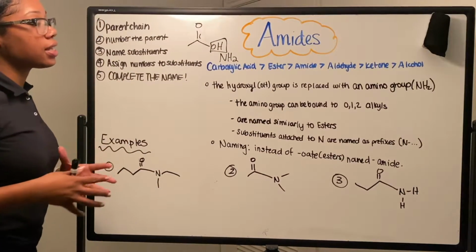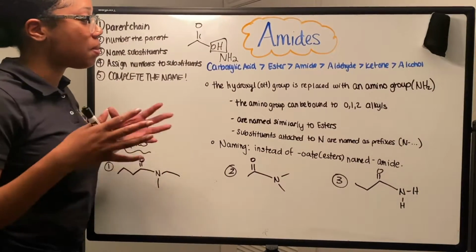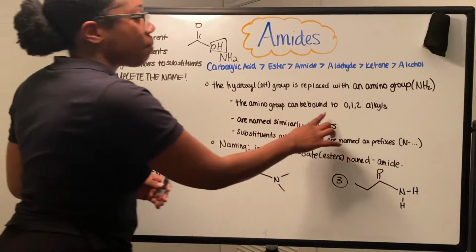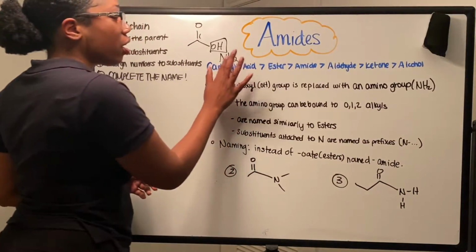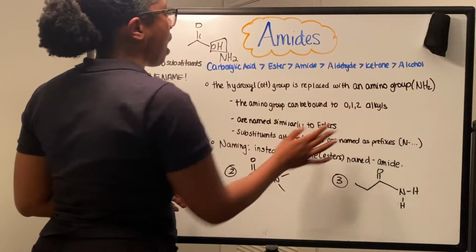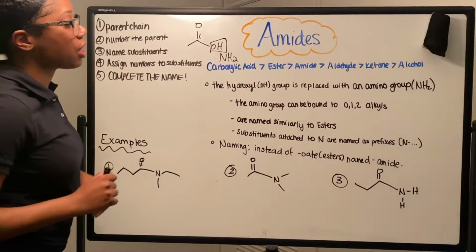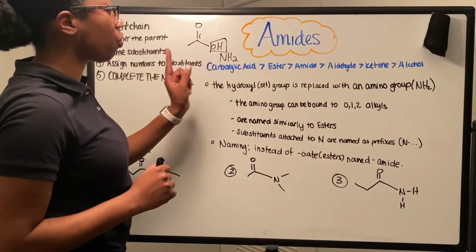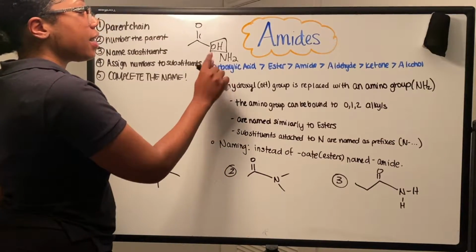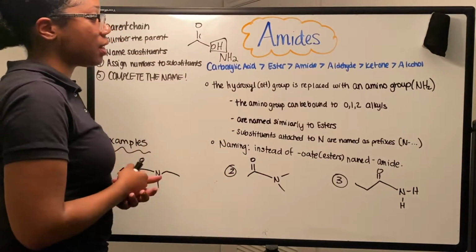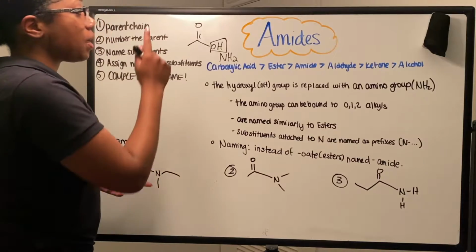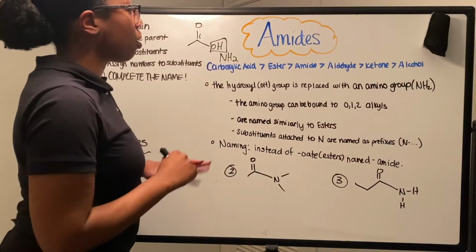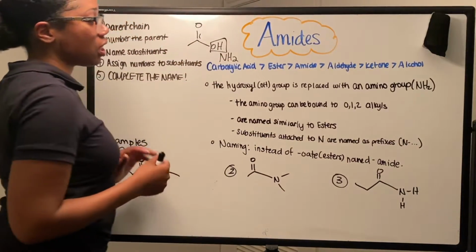Now, this is where it gets a little bit more complex with the amides because the amino group can be bound to no alkyl groups, or it can be bound to one or two alkyls. So these two hydrogens here, if there is one alkyl group bound, it will be NH, whatever the alkyl group is. If there are two alkyls, it'll be N and then the two alkyl groups. There won't be any H's available.